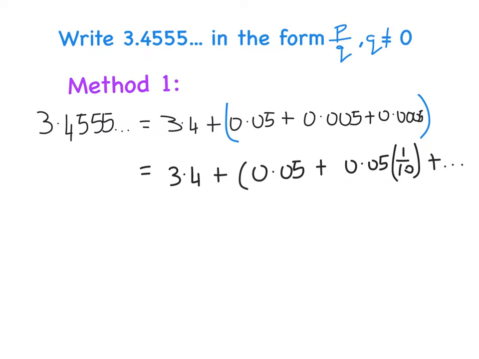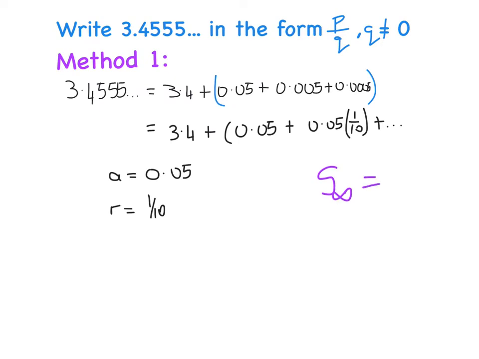So we're going to deal with just the series part here now, and we're going to say A is equal to 0.05, and our common ratio is equal to 1/10. And so I just use my formula for the sum of a geometric series to infinity. So I have S infinity is equal to A over 1 minus R.